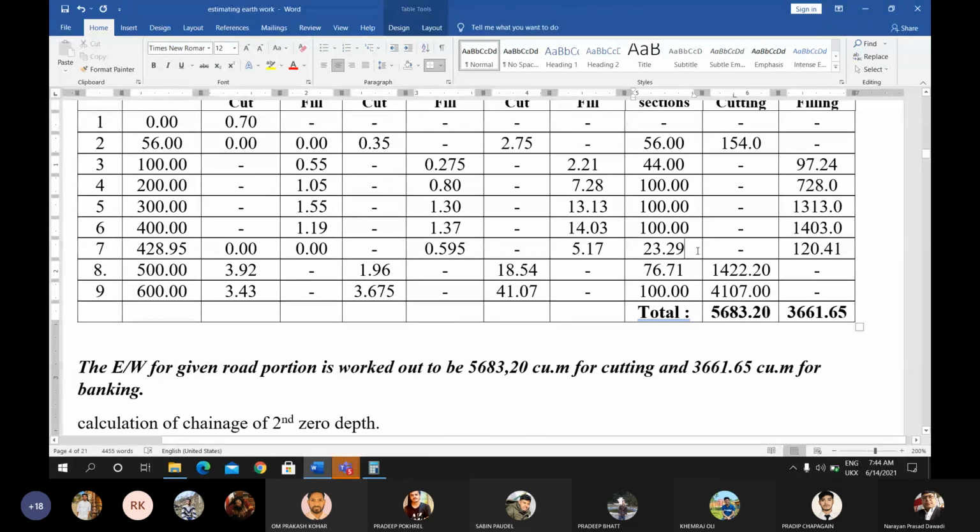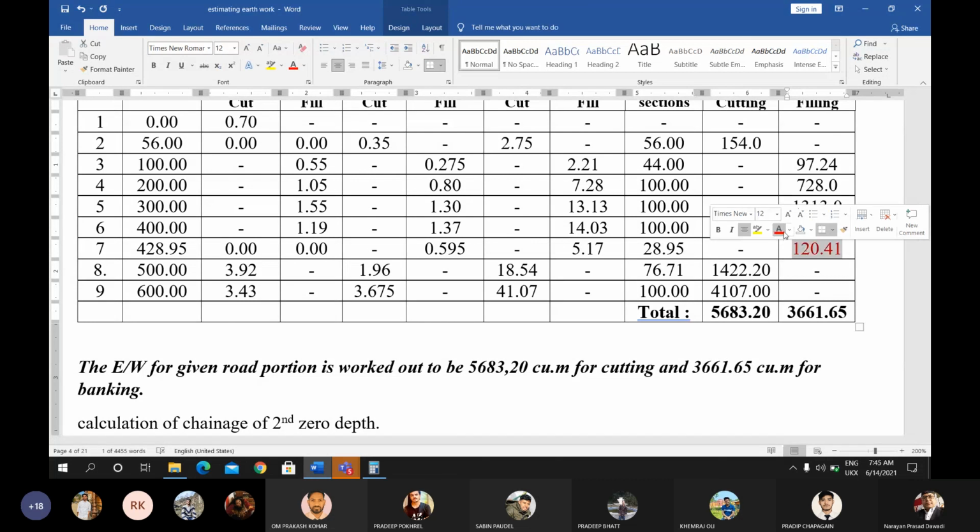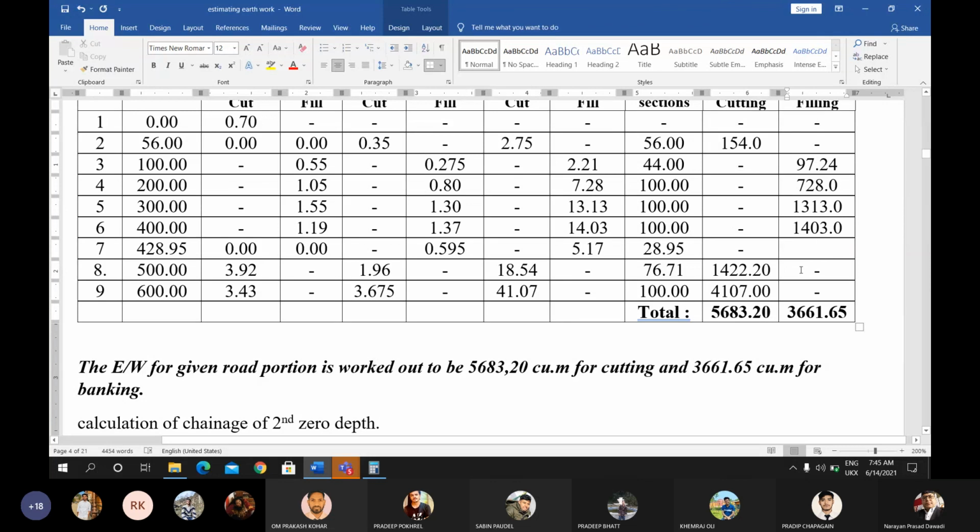This will be 28.9. This data will be changed. Will do.